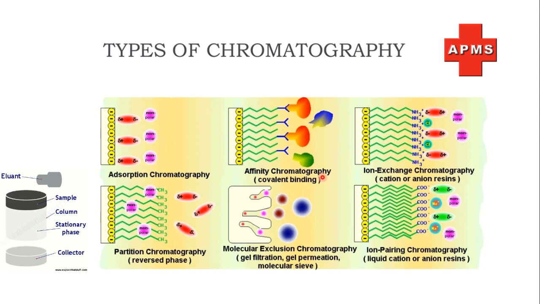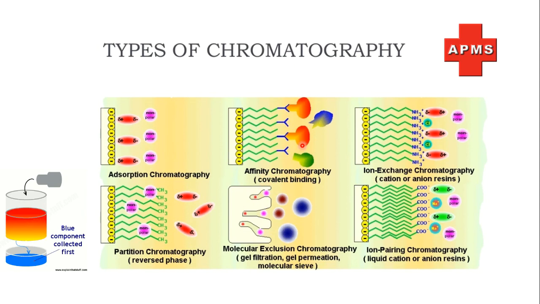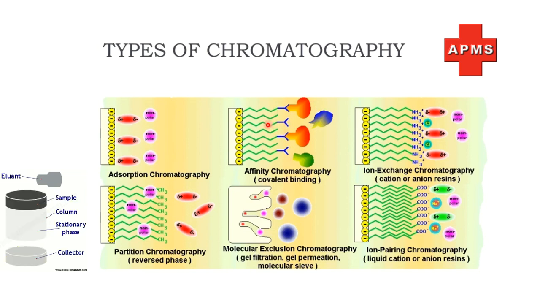Now the other chromatographic basics are of this type. This is affinity chromatography, or covalent binding chromatography. Covalent binding means the sample molecules in the mobile phase will make a covalent bond with this stationary phase.